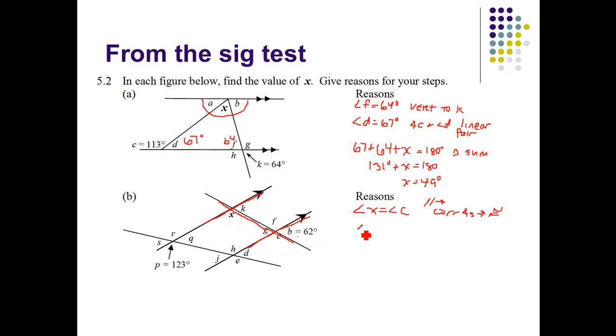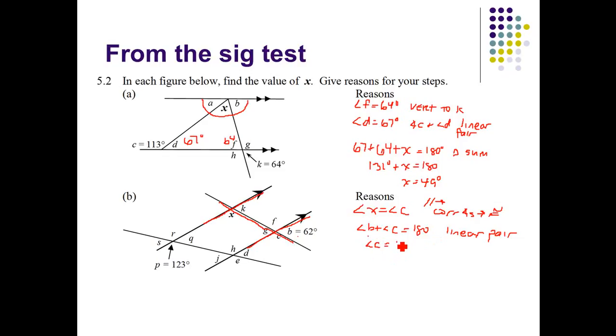And I've got angle B plus angle C equals 180 because they're a linear pair. So that means that angle C would be equal to 180 minus 62.